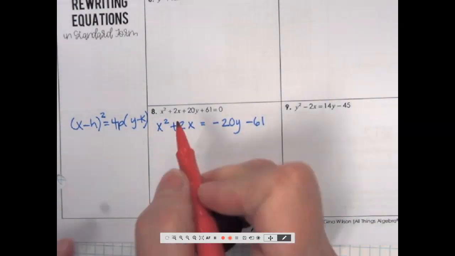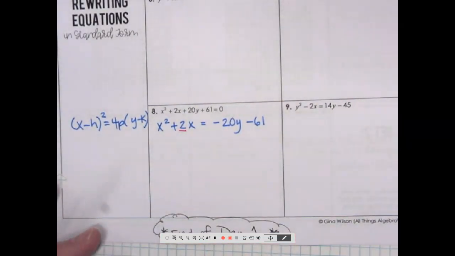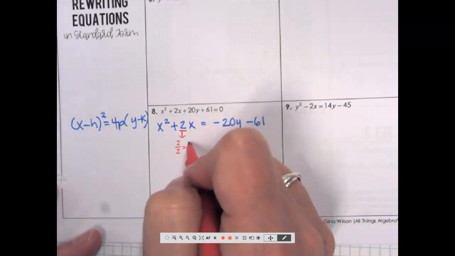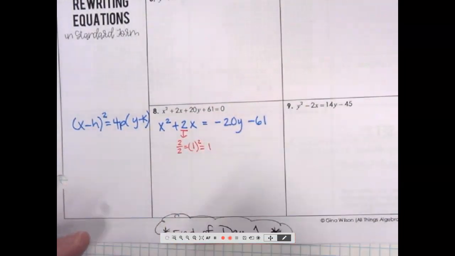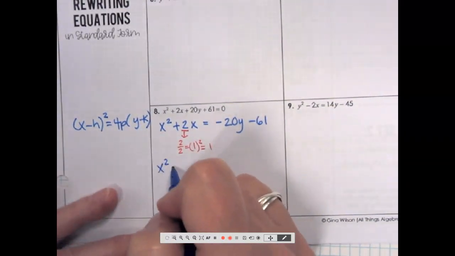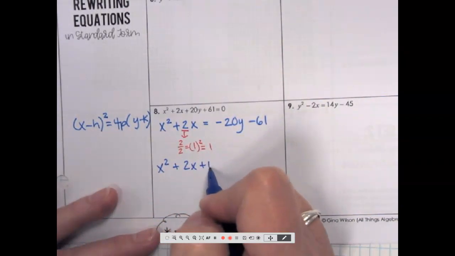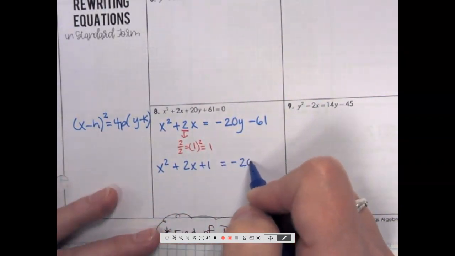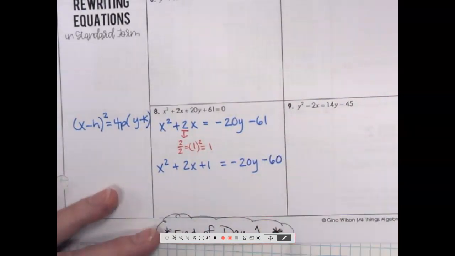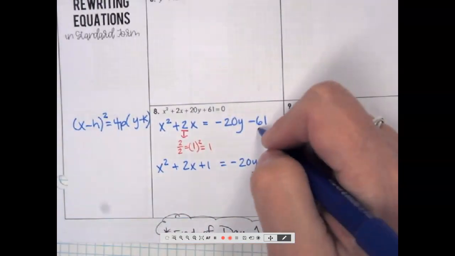So we're going to take 2, divide it by 2, which is 1, square it, and we get 1. So next step, I'm going to add 1 to both sides. I'm just going to go ahead and make it minus 60. Are y'all okay with that? I did plus 1 there.